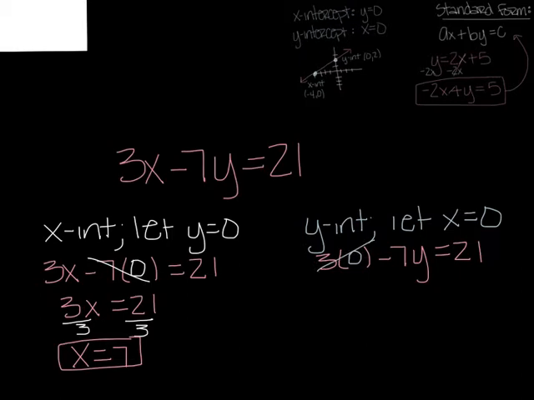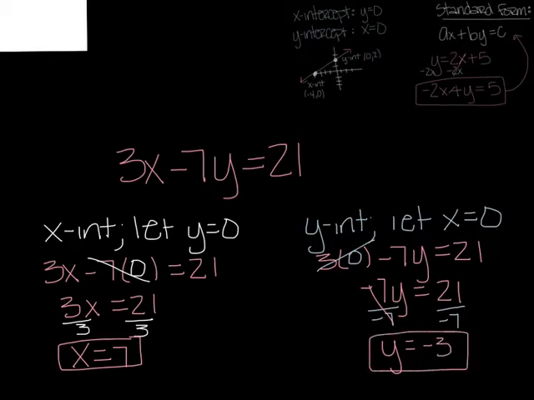Anything times 0 is 0, so we've eliminated that term, leaving us just negative 7y equals 21. Divide both sides by the coefficient, and y equals negative 3.